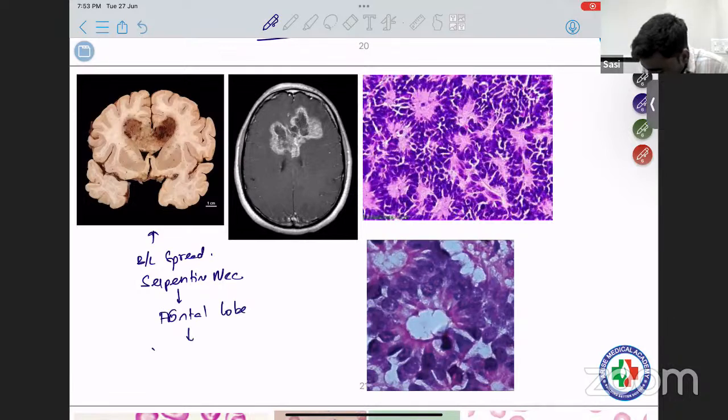It is seen in a case of glioblastoma. And we know glioblastoma is an aggressive tumor and it is grade 4. Remember these 2 points, it will be enough.